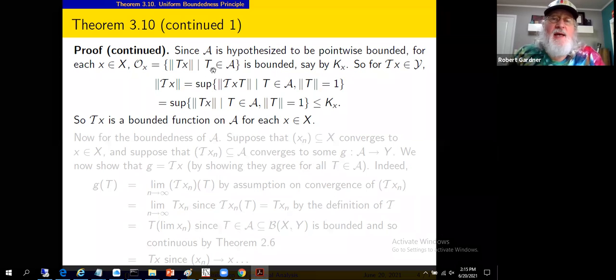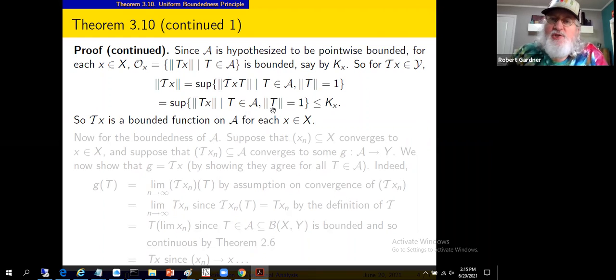We know this set, O sub x, is bounded, norm of T of x, where T is an element of calligraphy A. And we've got the norm of T of x, where T is an element of calligraphy A. We've also got an added condition. Since K of x is a bound on this set, and K of x is a bound on this subset, the added condition of norm of T equals 1 says this is a subset of that.